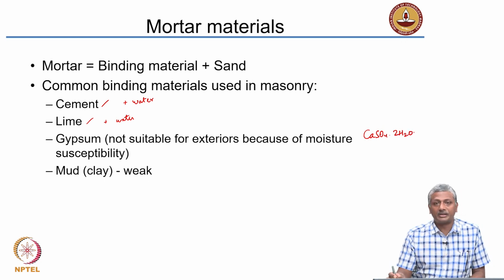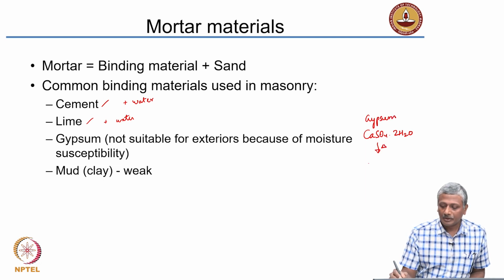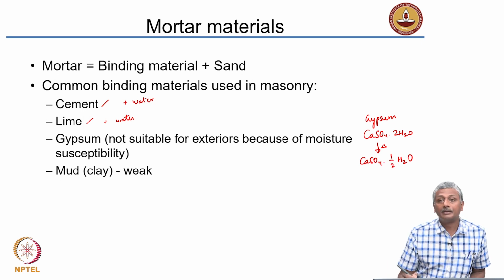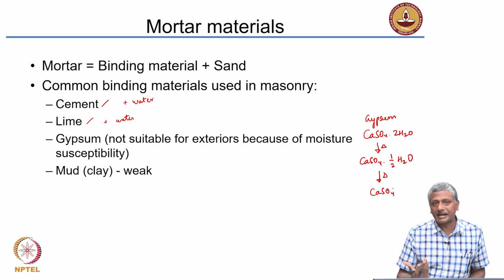Two molecules of water are attached in the structure of gypsum. When you take this and heat it, you get your hemihydrate, that is calcium sulfate half H2O. Right, you get calcium sulfate half H2O, basically, which is hemihydrate. And you further heat it, you get dry calcium sulfate or anhydrite. Anhydrous calcium sulfate or anhydrite.